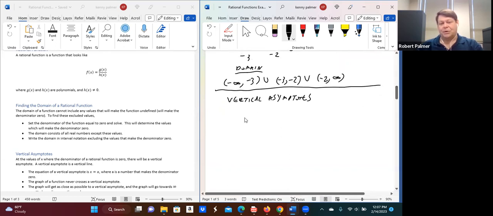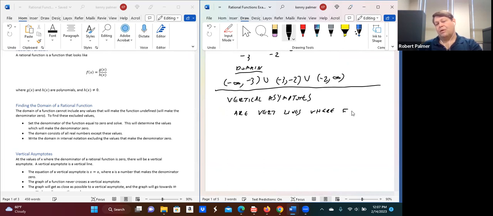Okay, so vertical asymptotes are vertical lines where functions are undefined.